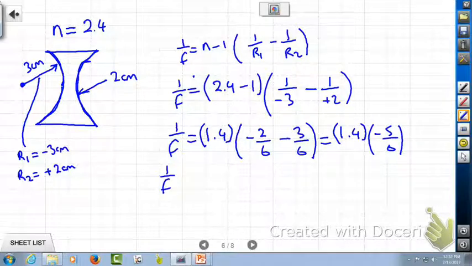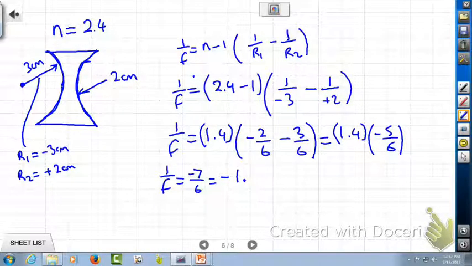So 1 over f is equal to 1.4 times 5, which is 7, so minus 7 over 6, which equals minus 1 and 1/6. So f is going to be about 0.85.